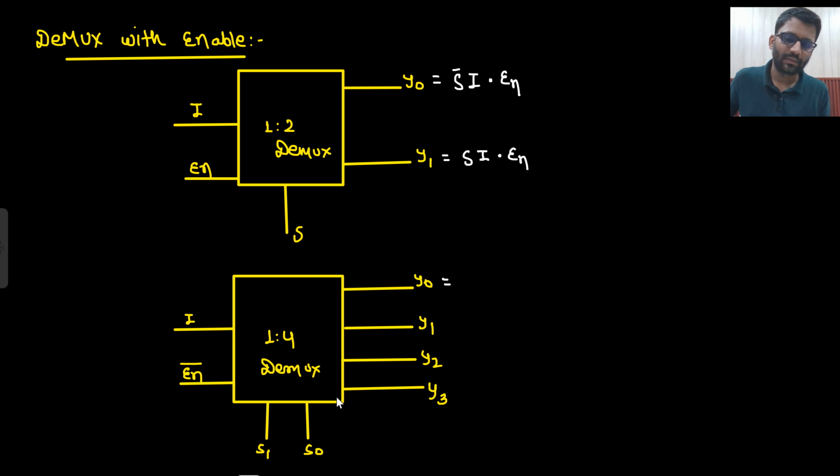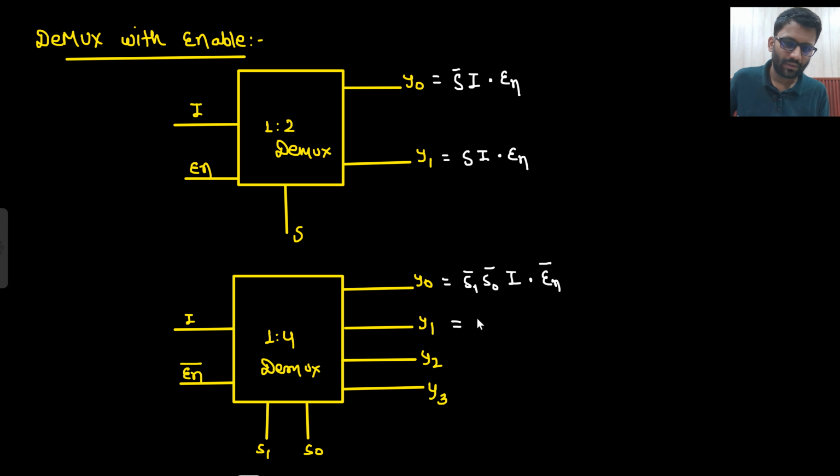What about this? If S1, S0 both are not there, then information will be transferred, considering that En is 0 because this is active low. Considering that En is 0, so here I will put En bar. If En is 0, then this information will be transferred. If En is 1, the circuit will not even be working.